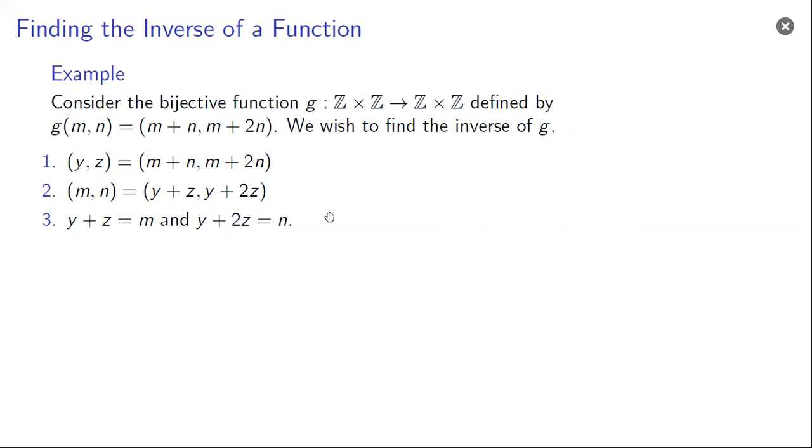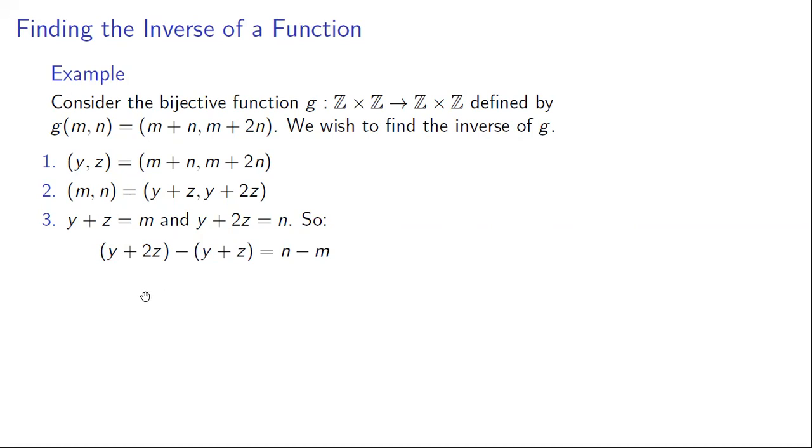Now, let's say we do this, y plus 2z minus y plus z. So y plus 2z is n, and y plus z is m. So we have n minus m.